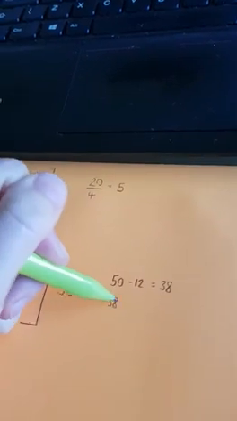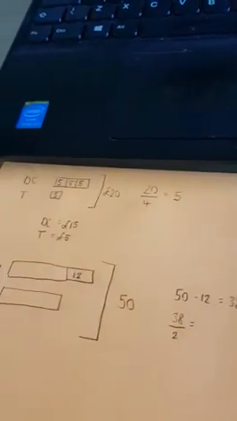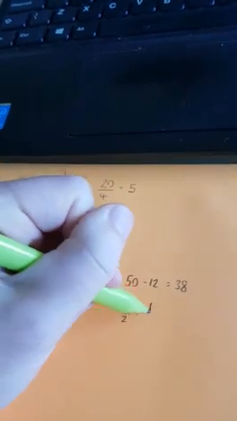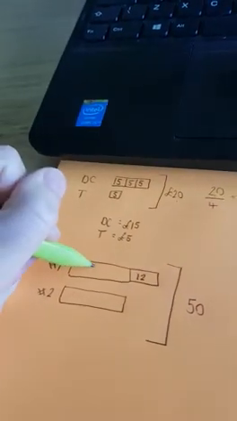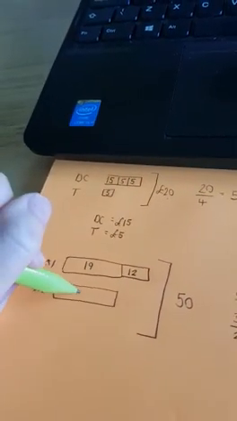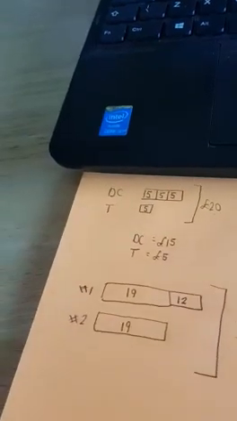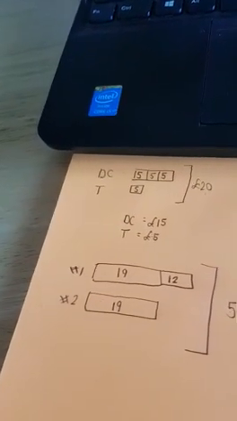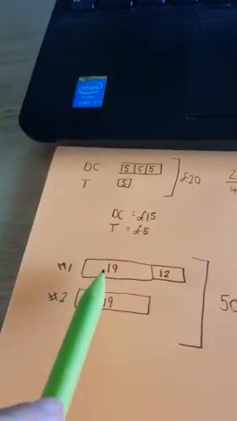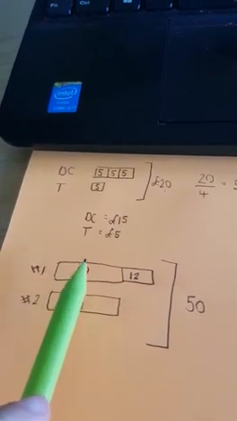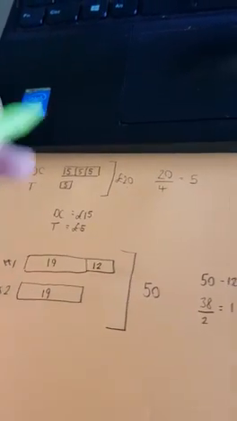So we do 38 divided by 2, which gives us 19. So this part here is 19 and this part here is 19. So that means that the first number is 19 add 12.